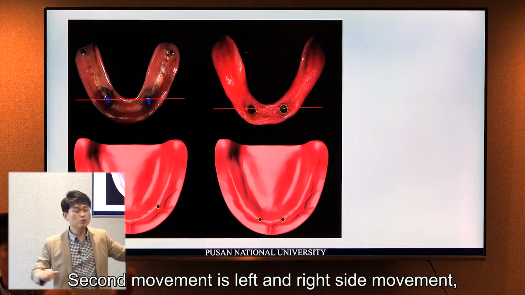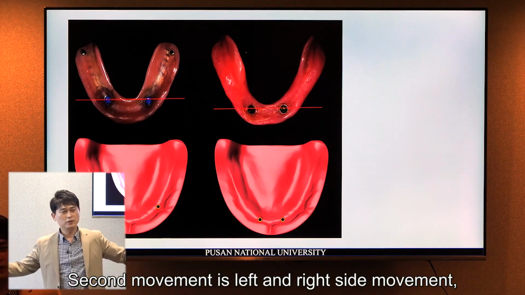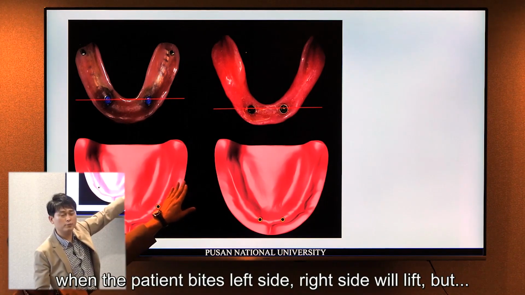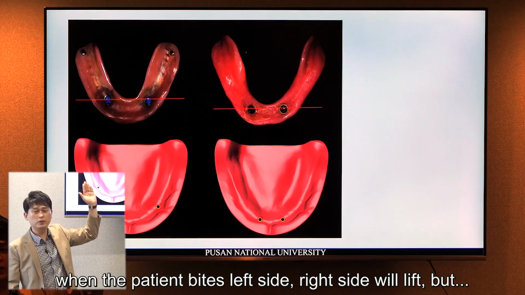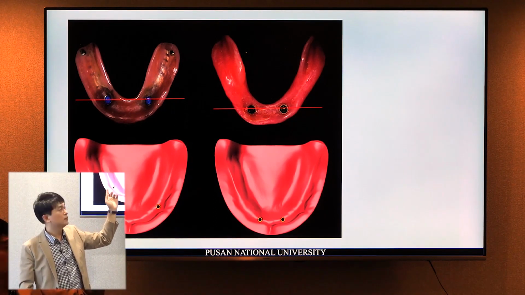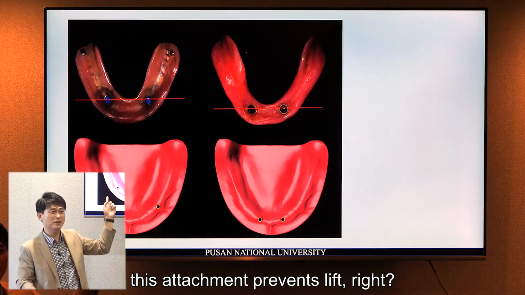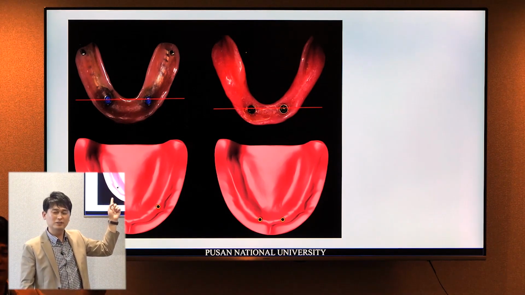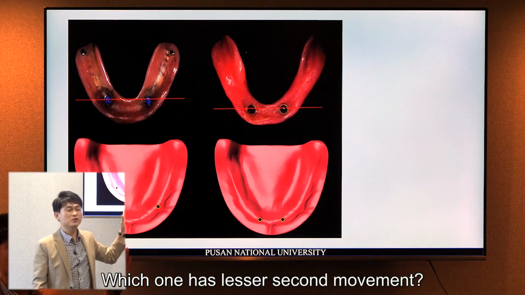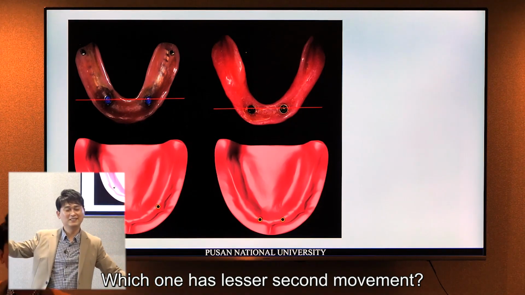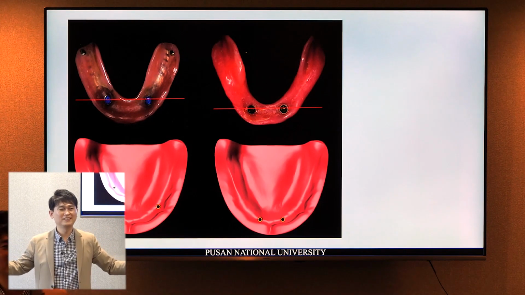The second movement is left and right side movement. When the patient bites on the left side, it will lift, but this attachment prevents the lifting, right?